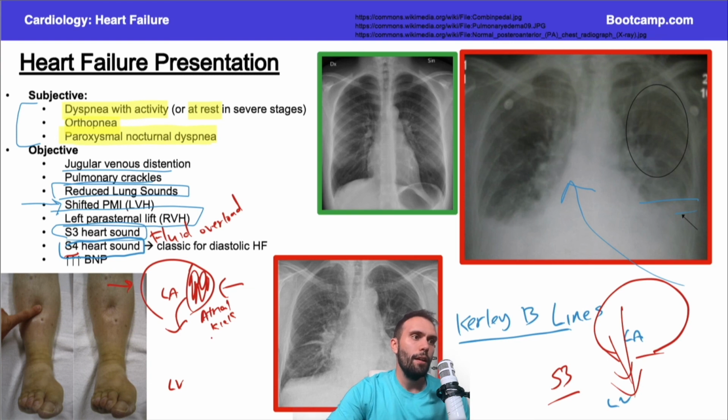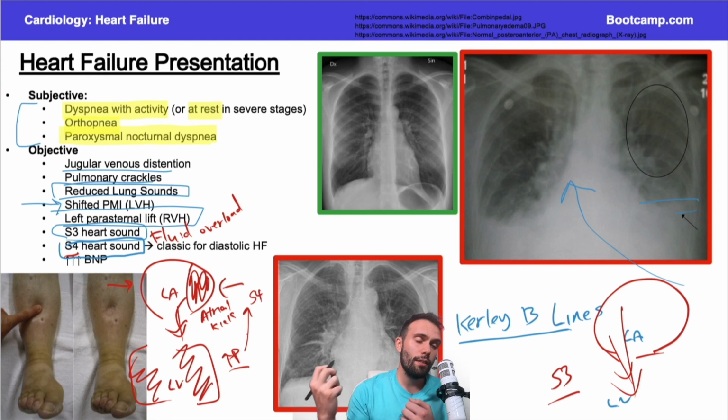It's there just to get some more blood out of the left atrium. So what happens is if this ventricle is very stiff and it's not accommodating blood very well, when I try and kick into this left ventricle, there's already going to be a very high pressure here, because there's impaired filling, there's impaired diastolic function. That increased pressure is generating the S4 heart sound when I try and kick this blood in.